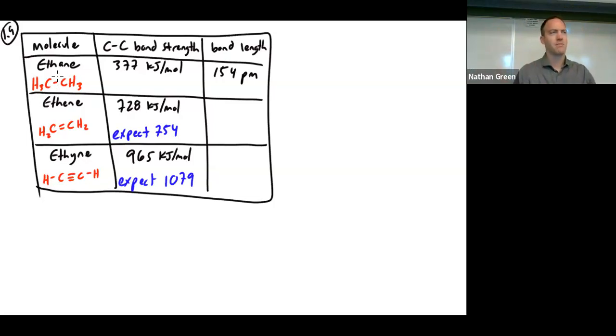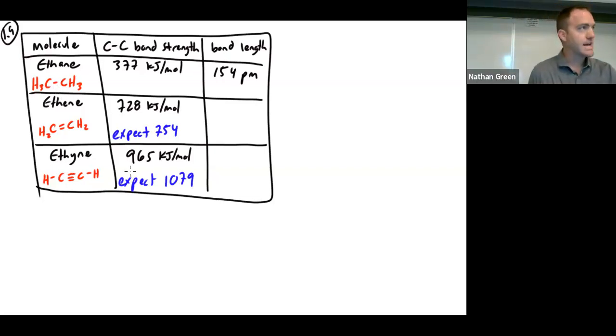If I had to go up and go hiya and break that triple bond in half, it would take a whole lot more energy than breaking the sigma bond of ethane. But I could break one brick here much more easily than one brick down here. I can break the pi component of this much more easily than I can break the sigma bond up here.